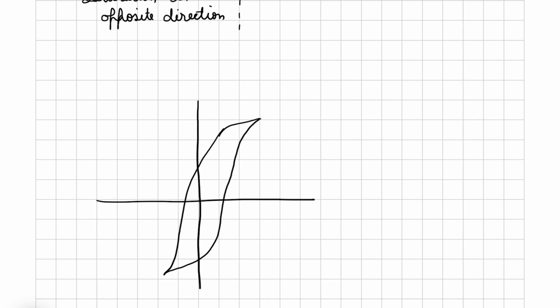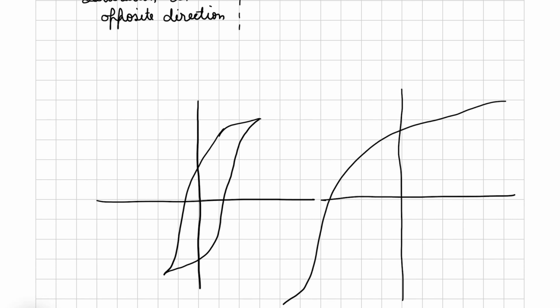And let's say this is one case. I can have another condition where it's broad. The area of the hysteresis loop is pretty large.